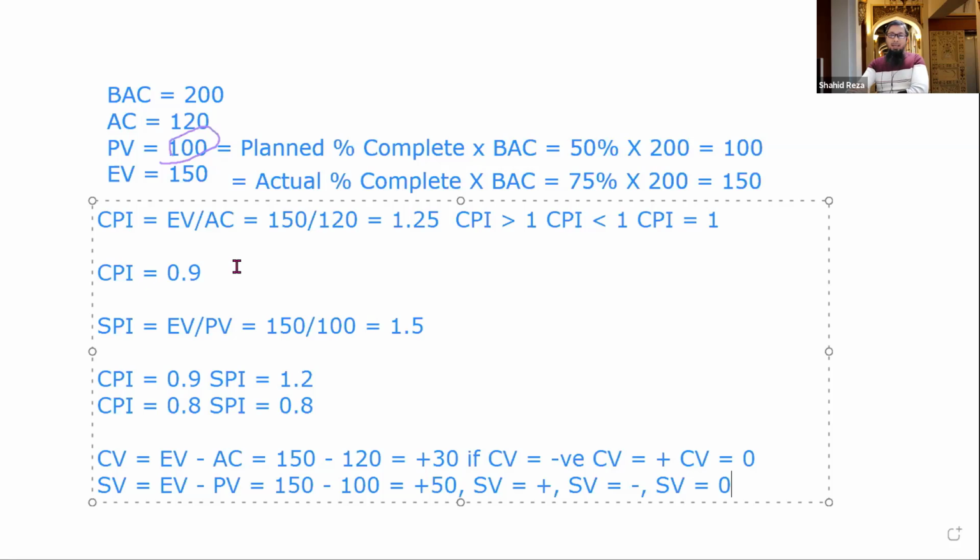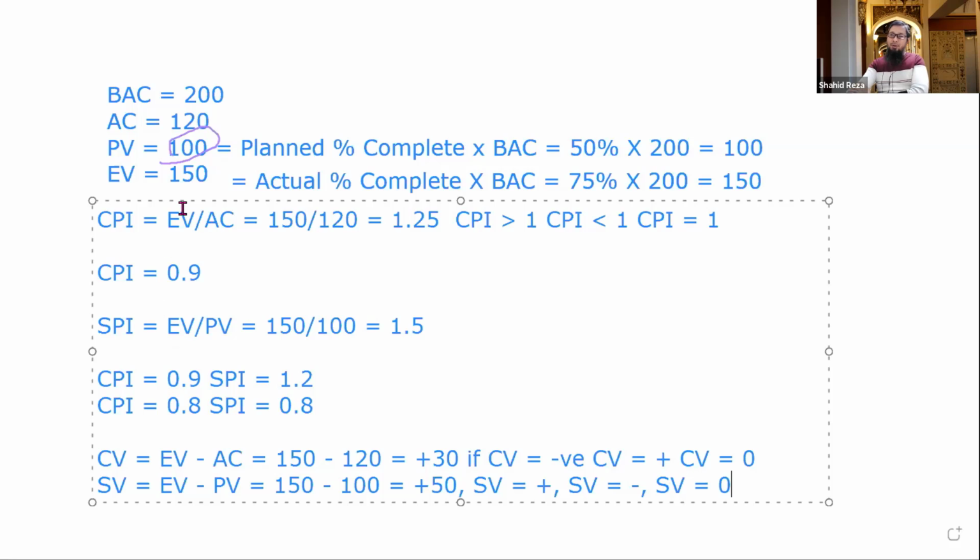So the memorization is very easy. CPI equals earned value divided by actual cost, and cost variance is earned value minus AC, actual cost. So this way you can easily remember.